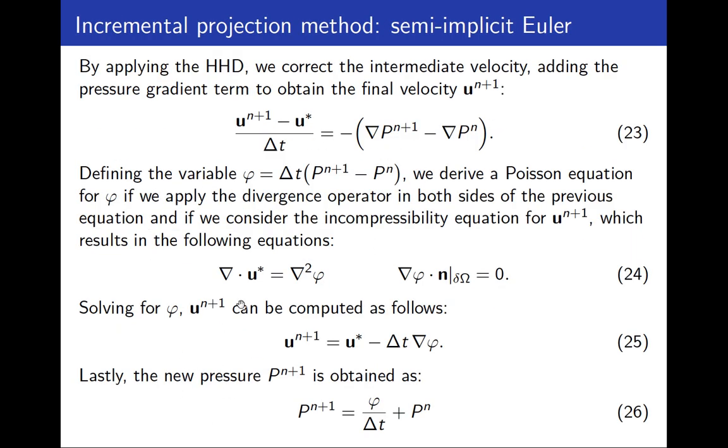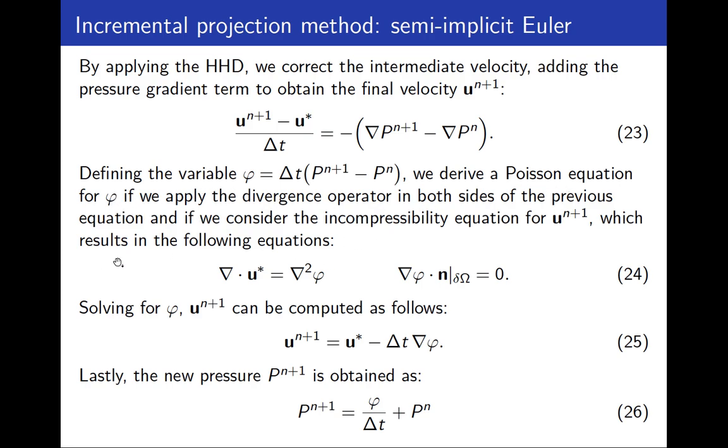So the incremental projection method using the semi-implicit Euler is not really different compared to the methods that I showed before. We also have to correct the velocity, the final velocity, using equation 23. We will also define the variable phi to obtain a Poisson equation in terms of this variable phi.